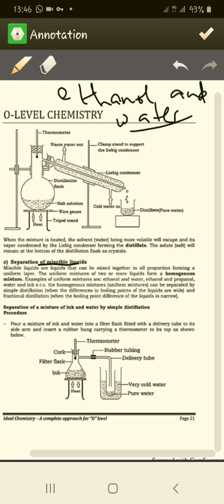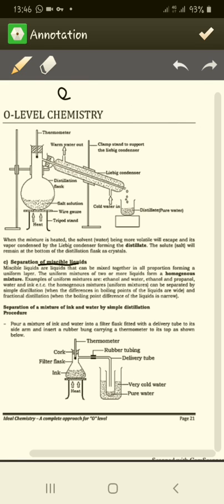So that means all alcohols are miscible with water. So the best example of miscible liquids is ethanol and water.